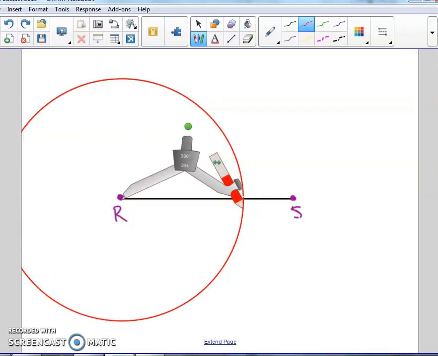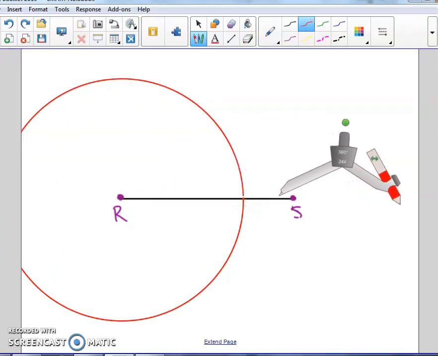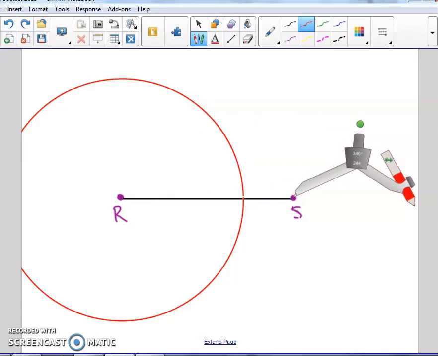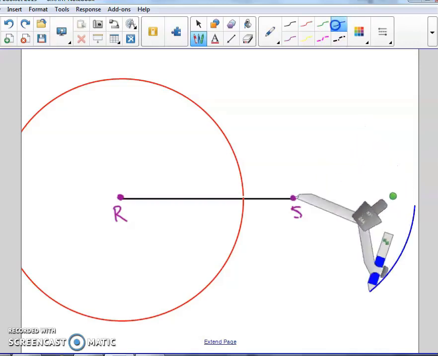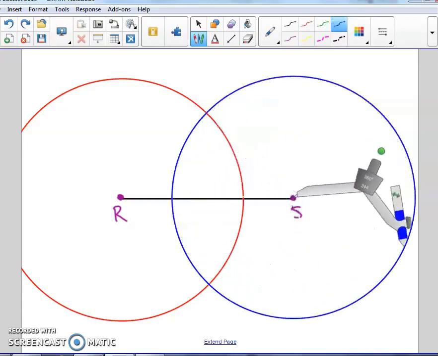And students in class said, well, if we move this endpoint over to S and we draw another circle with the same radius, we will get 2 intersecting arcs right here and right here.